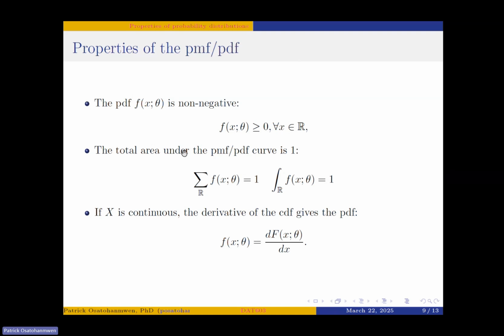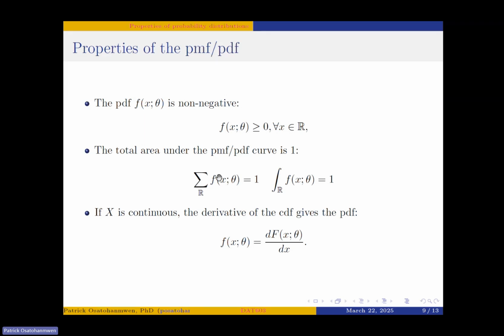Okay, so the total area under the probability mass function or PDF curve is 1. That is, when you sum all the probabilities that the random variable assumes over all the values within its support, it's going to give you 1.